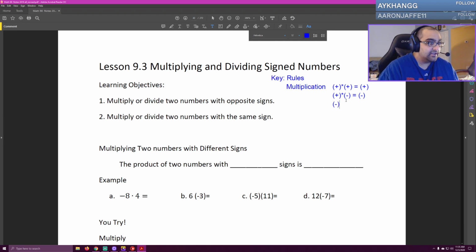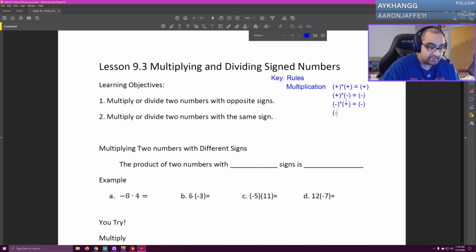Next, a negative number times a positive is going to equal, again, if we just flip the places around, the same thing's going to happen regardless. So no matter which way you write the numbers out, if the negative comes first or second, a negative times a positive or a positive times a negative, they're both going to be negative.